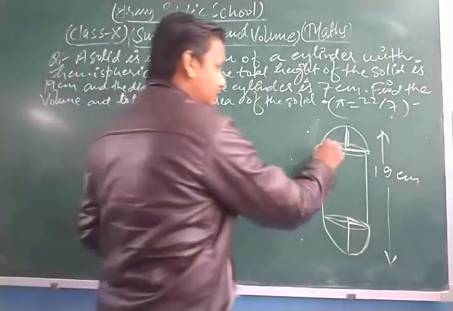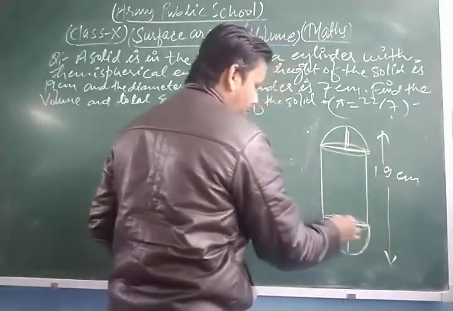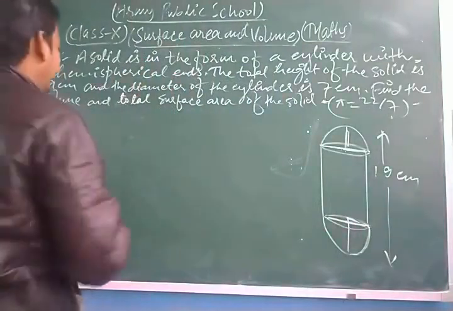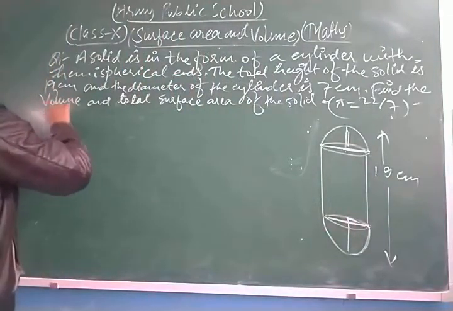Now look, the diameter of the cylinder is the same as the diameter of the hemispherical ends. So the radius of the hemispherical ends is also the radius of the hemisphere.